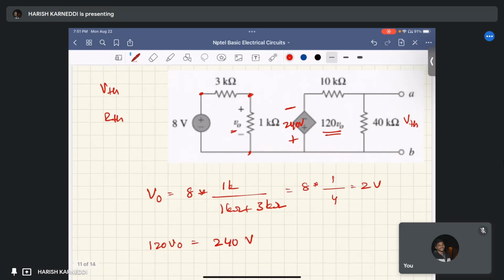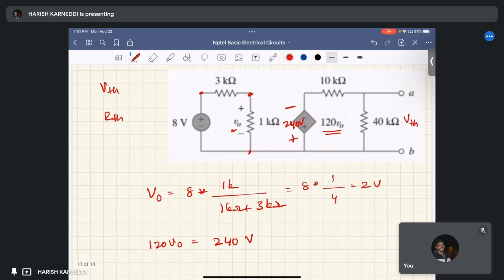Again, you can consider this loop like this, and you can apply the voltage divider like this. Then we can find minus VTH.